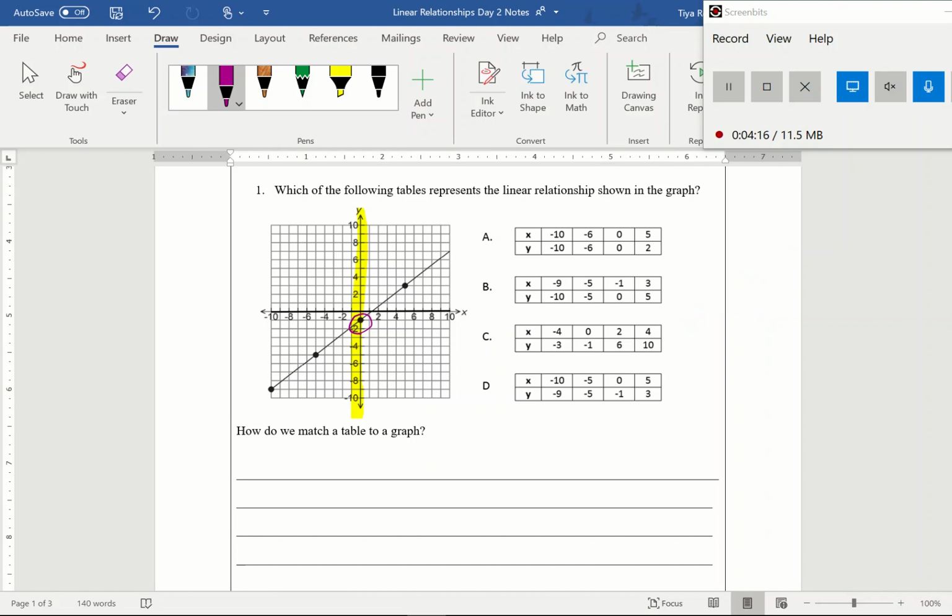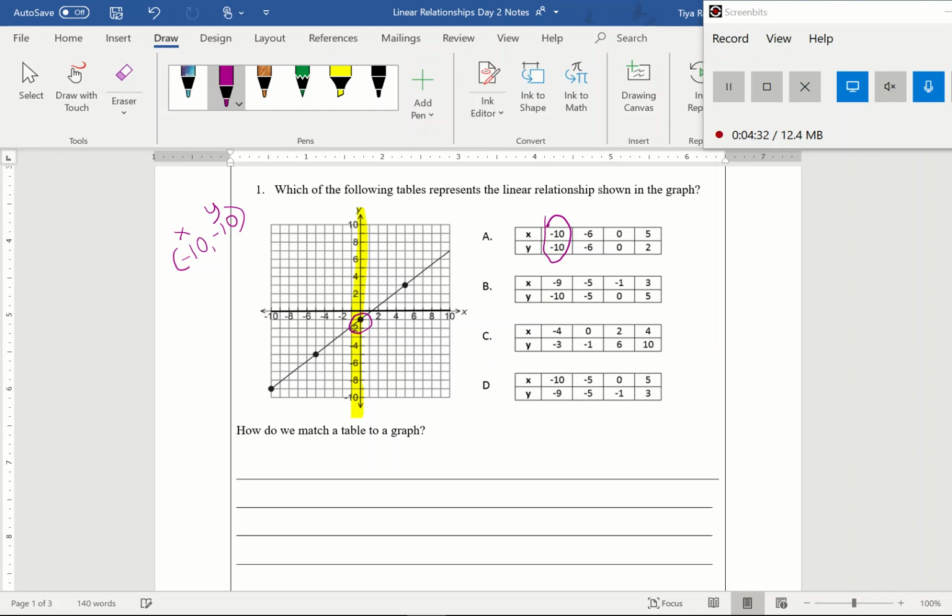So let's start with this one right here. We've got -10, -10. So x is -10. Our ordered pair looks like this: -10, -10, x and y.